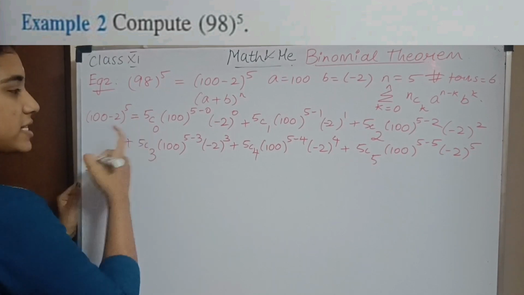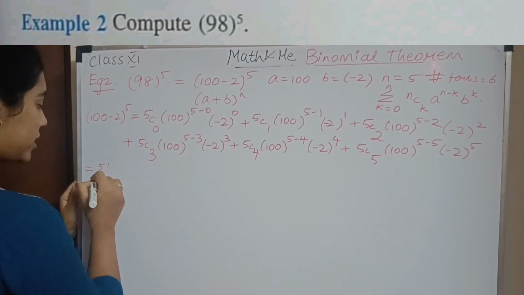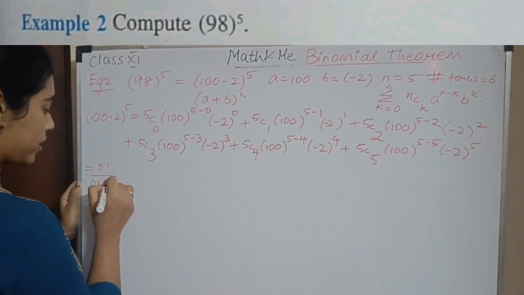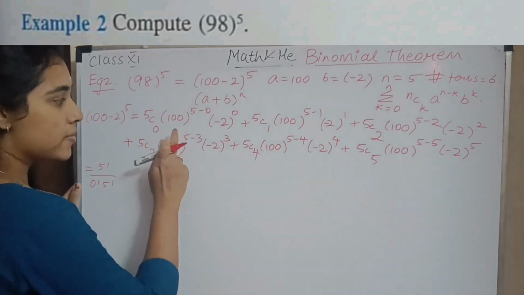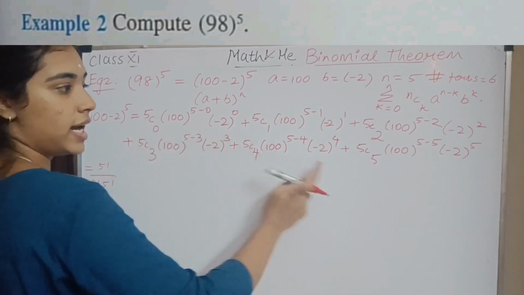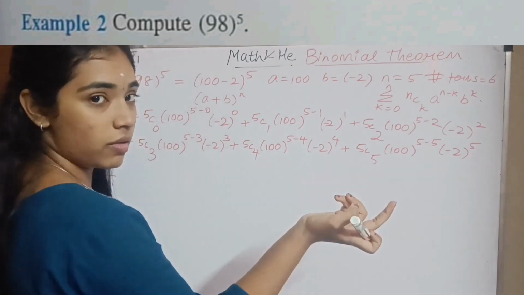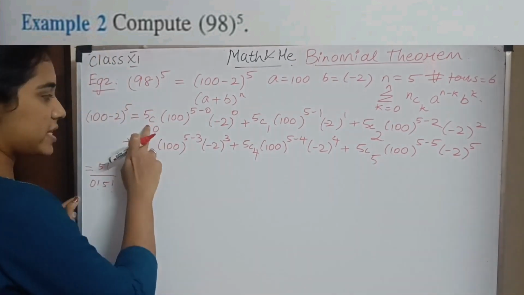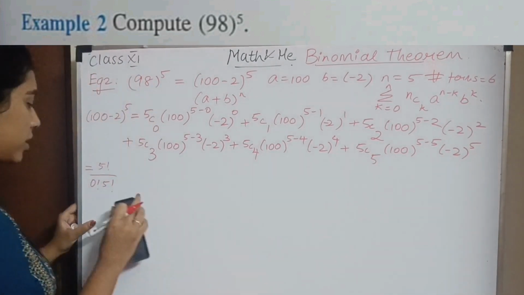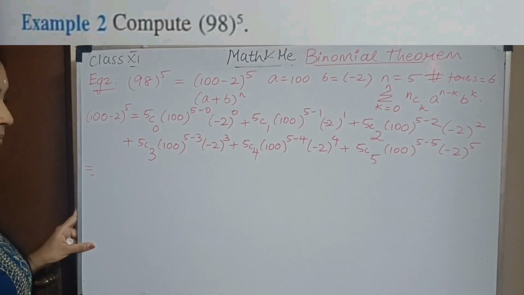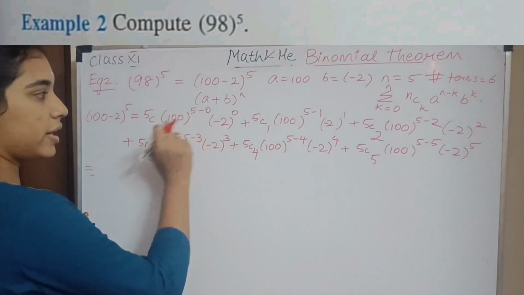Okay, what is 5c0? 5 factorial divided by 0 factorial times 5 factorial. You need not compute this for every question. You always know that the coefficient of the first term and the coefficient of the last term is always 1. So 5c0, 5c5 is always 1. So I am not writing this. I have a 1 times 100 to the power 5.